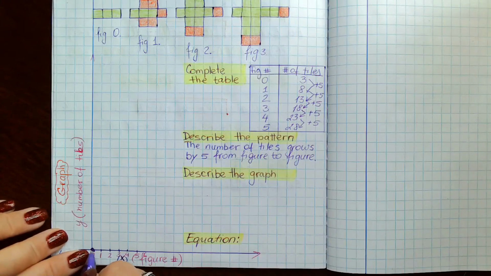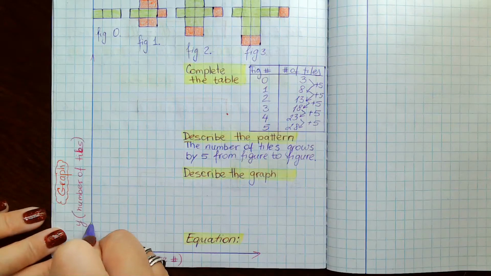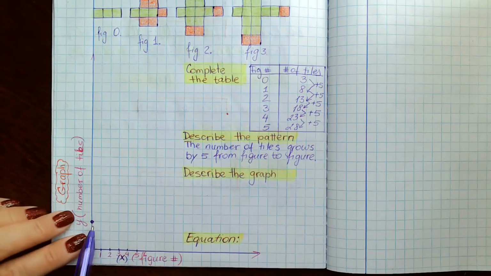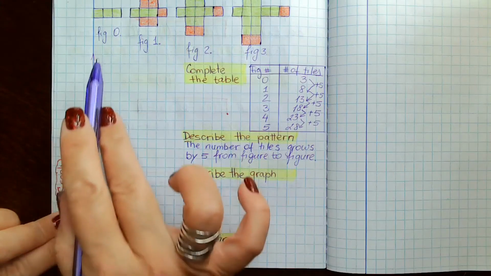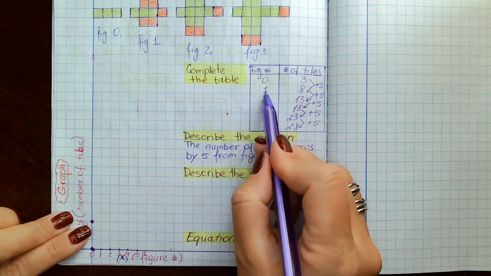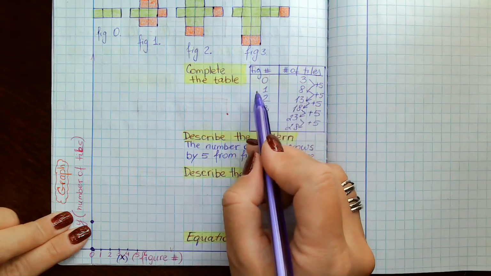So my figure labeled 0 had 3 tiles, so that is 0, 3. That's the starting point. That is the first figure in the pattern. Then the first figure had 5 more tiles, and in the chart for the 1, y is 8.